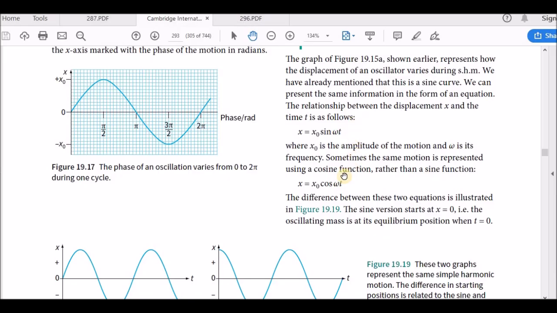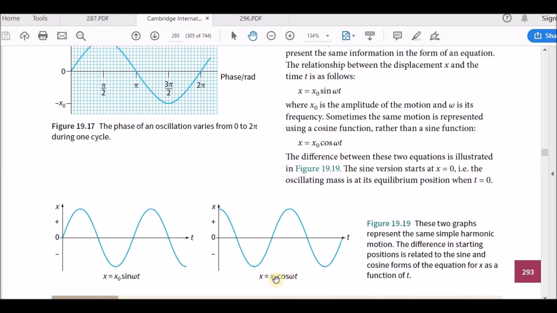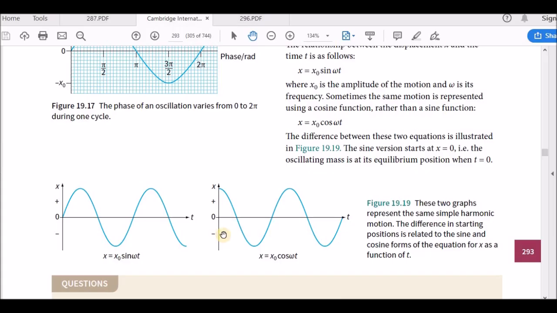So what they are explaining over here, sorry, this is not the velocity time graph, this is still the displacement time graph. If you start timing when it is at the equilibrium position, that is one case. Now over here the timing has started when it is at the extreme end on the right side.